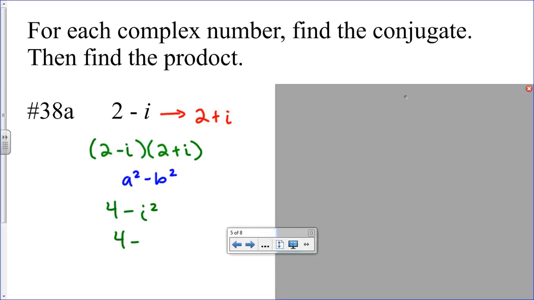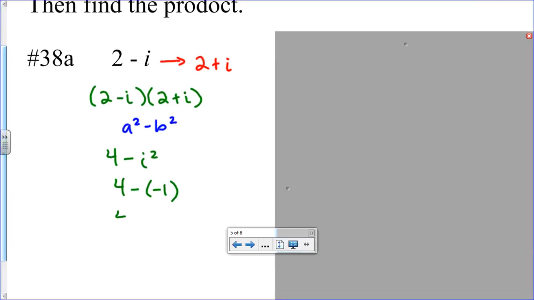Well, what is i squared? Negative 1. So actually you're doing 4 plus 1, and we just get 5. The purpose is to get rid of the i, so this should happen every time when you multiply conjugates. You should get a real number.